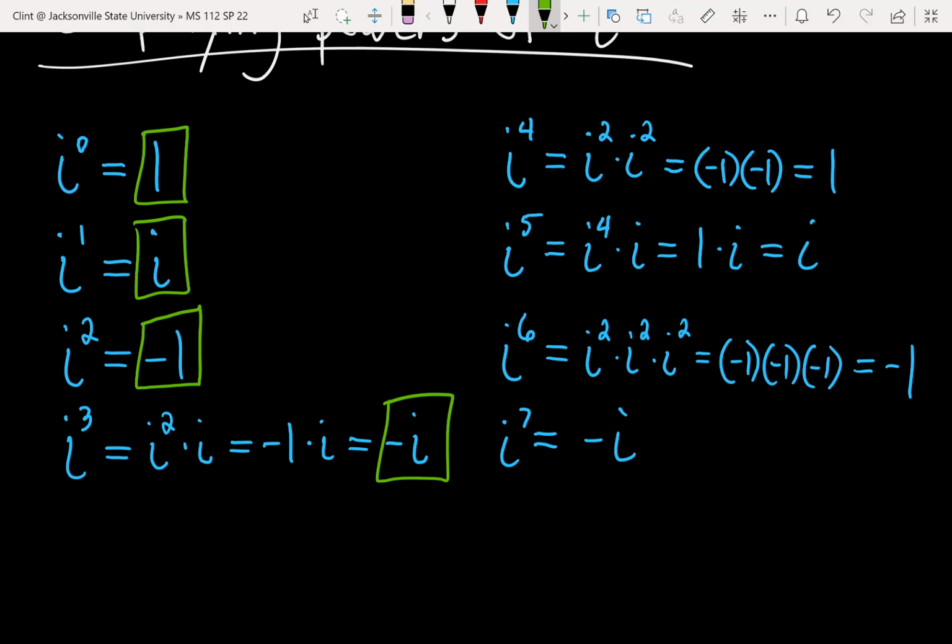We call that a cycle. We'll go back through the cycle. The pattern just repeats over again. So what we want to be able to do is take some power of i and figure out which one of these 4 simplified answers it breaks down to.